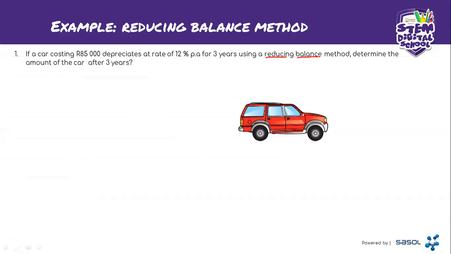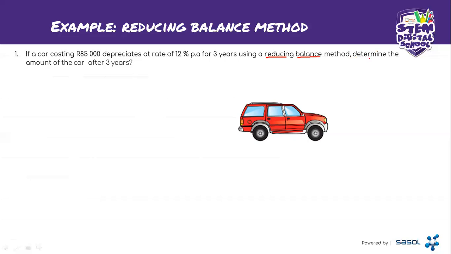Remember earlier on, we were dealing with simple decay, which the formula that we're using is called the straight line method. So every question is going to indicate which method to use. You must be able to know when it says reducing balance, which formula to use, and straight line method, which formula to use. It's very important.